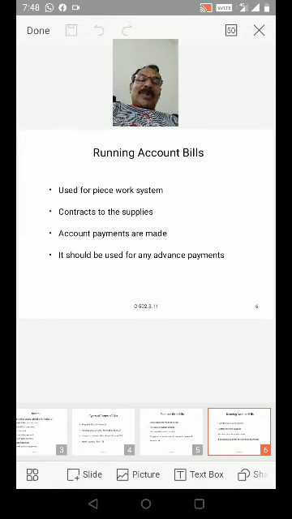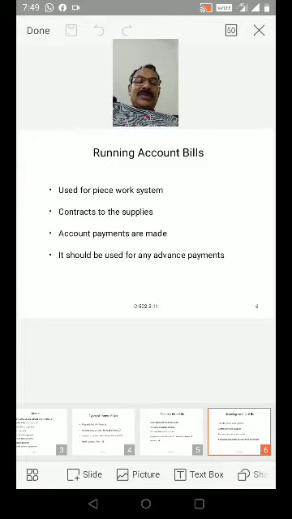Contracts to the suppliers. Account payments are made. It should be used for any advance payments.